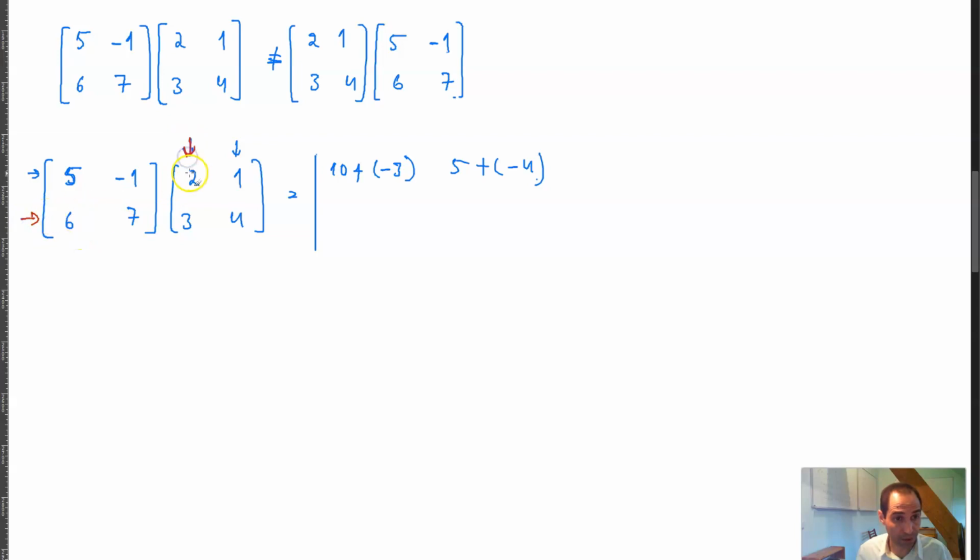you can write this as 6 times 2 is equal to 12 and 7 times 3 is equal to 21, and then this column would be 6 plus 28.